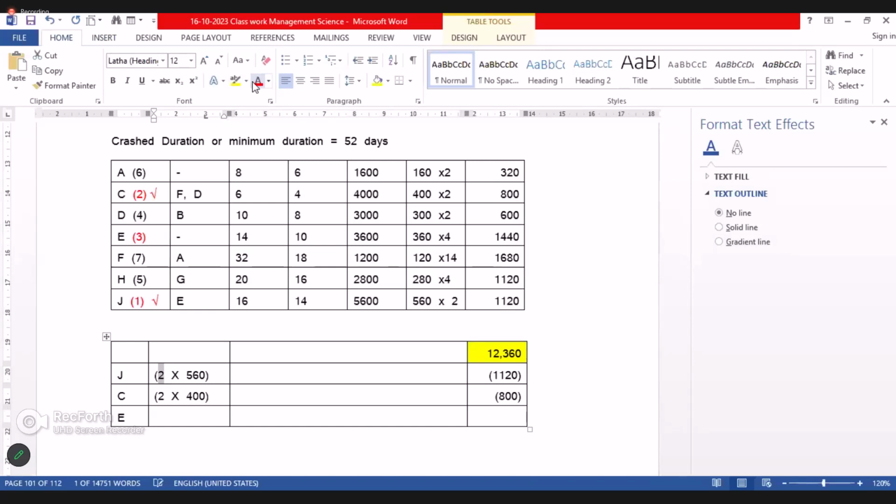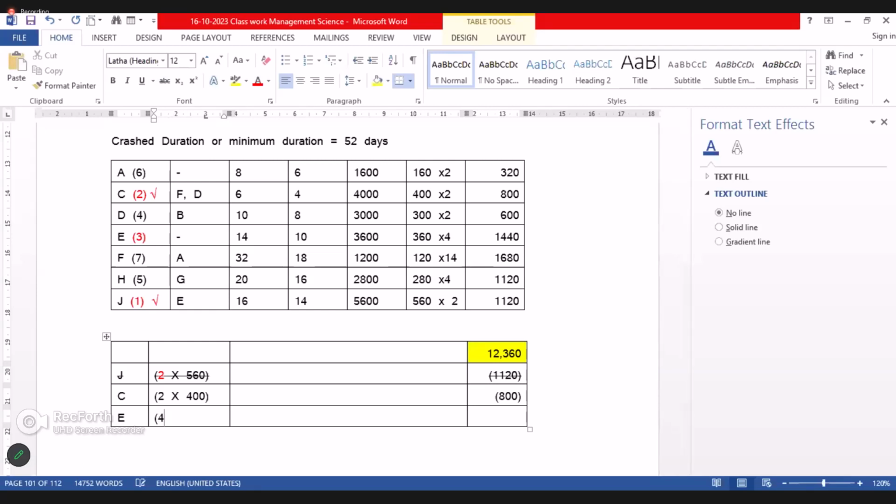Okay. So then it reduces the cost by 1120. Without doing this, I put the cost without doing this. Without doing this, if you make adjustments in E all 4 days, what will happen?